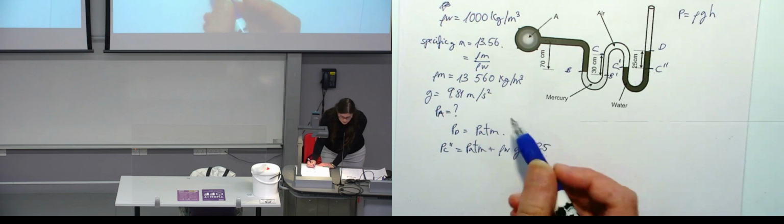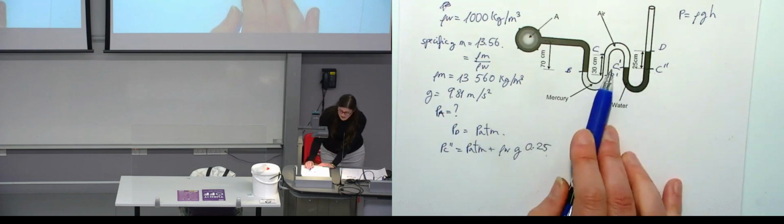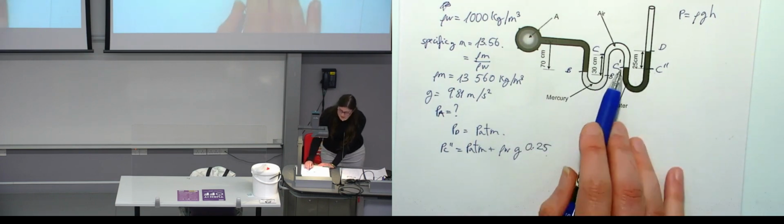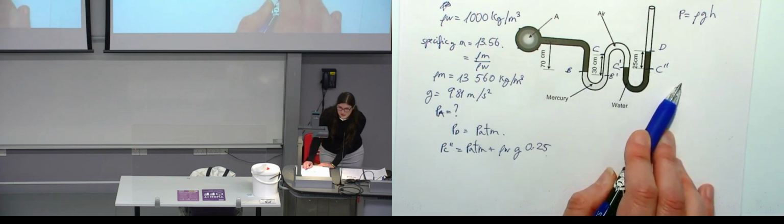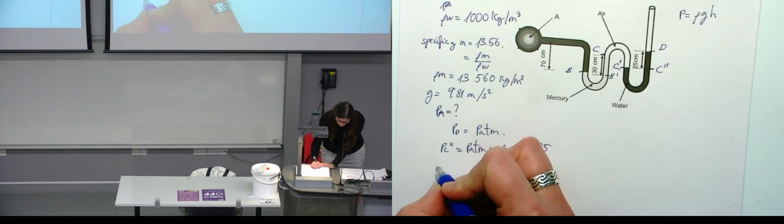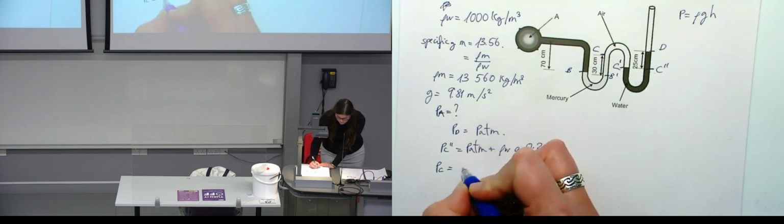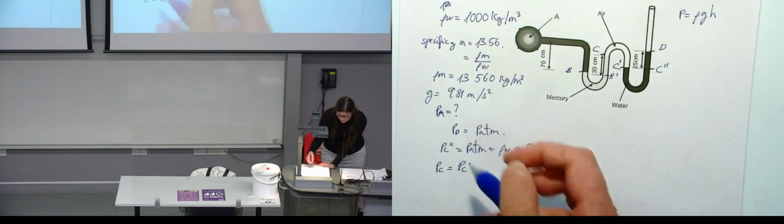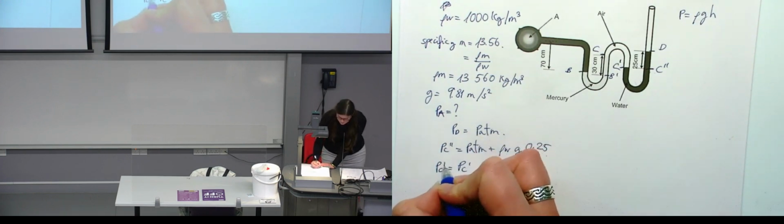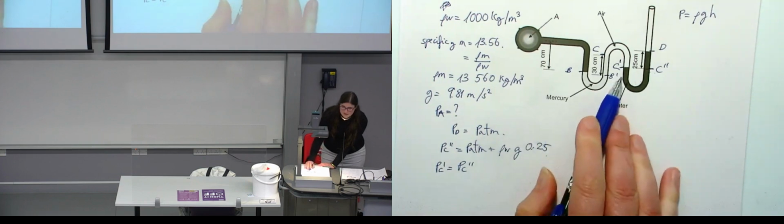Next, because C double prime and C prime are at the same height, there's no change in pressure. So the pressure at C prime is equal to the pressure at C double prime.